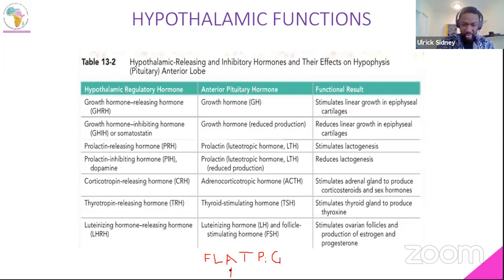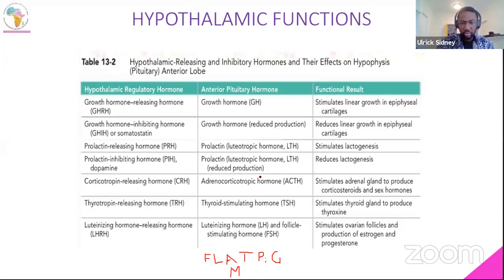You still have MSH. So this is growth hormone, and this is prolactin. We don't have LH, FSH, TSH, and ACTH.